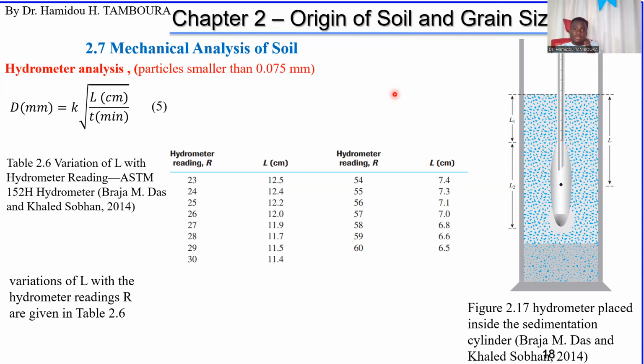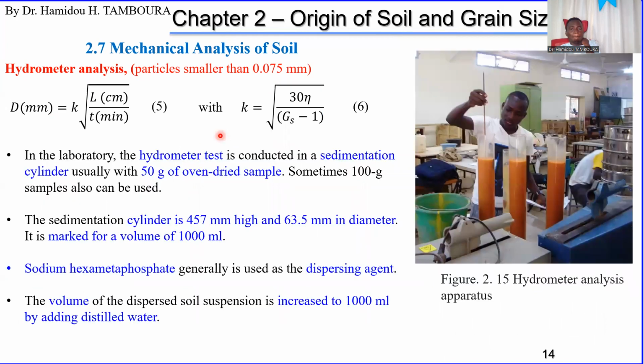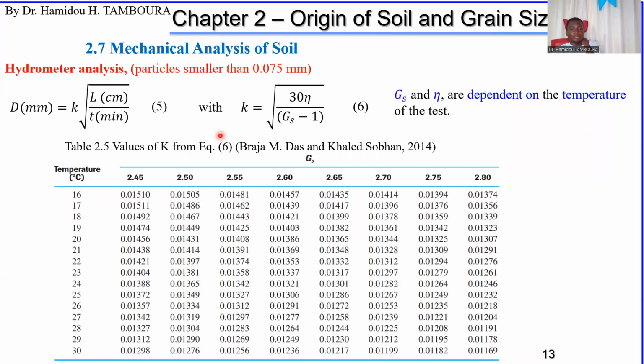Then if you get the specific gravity, by using this table, let me go back to this previous slide, you get the value of K, because you already know the temperature during your test. So after getting the specific gravity from the hydrometer, you will be able to obtain the value of K. Then if you have the value of K, the T is just time.